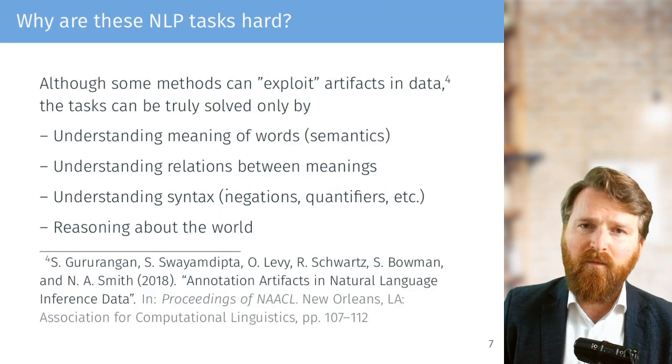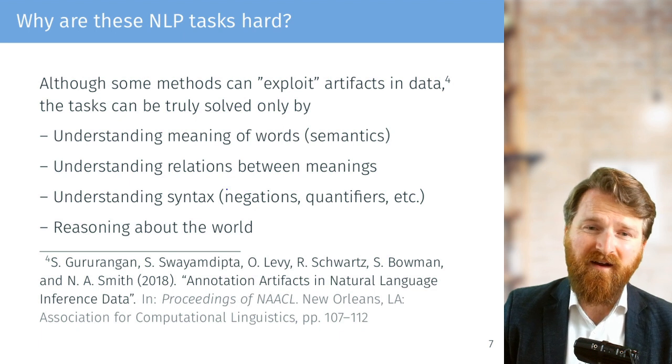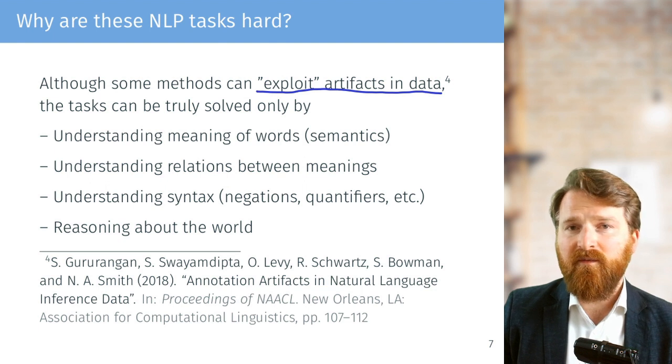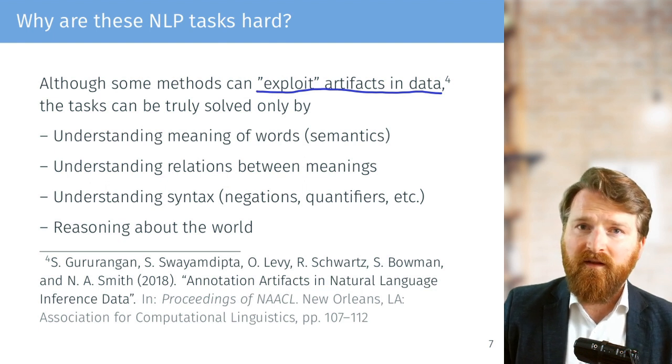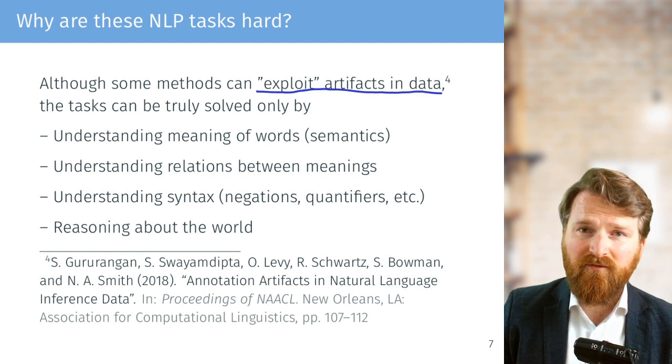And you might be wondering, why are these tasks hard? I mean, they are hard, but why explicitly are these hard? The point is, some methods can exploit some artifacts in the data. So for example, in the Stanford natural language inference task, some surface features can leak the true answer.